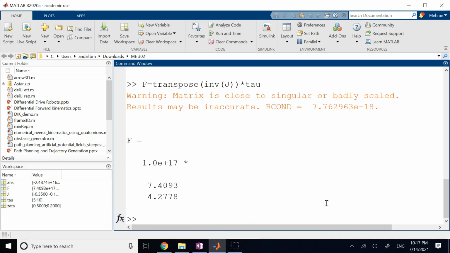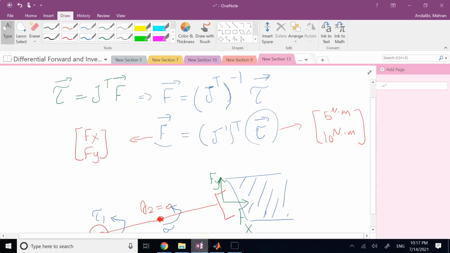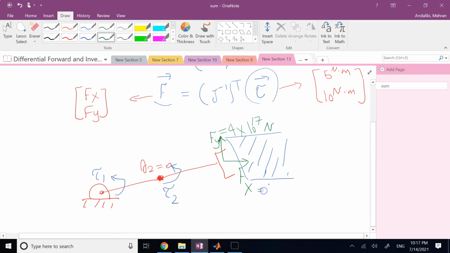Boom. Some numbers times 10 to the 17. So this is going to be like 4 times 10 to the 17 Newton, and this is going to be 7 times 10 to the 17 Newton. You see?